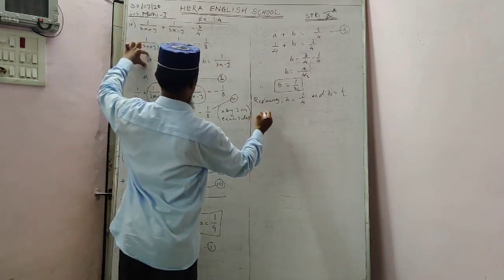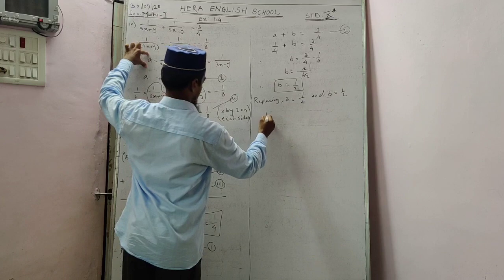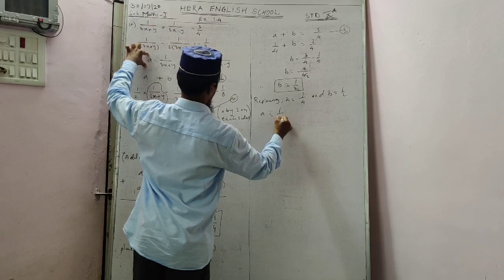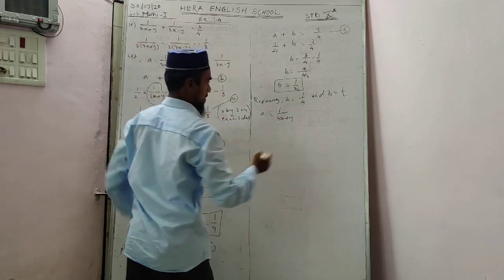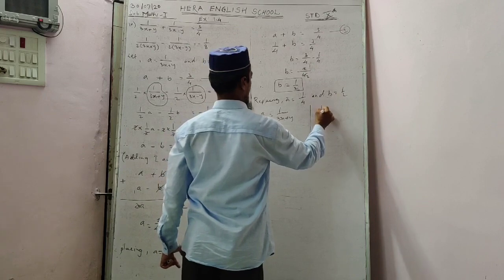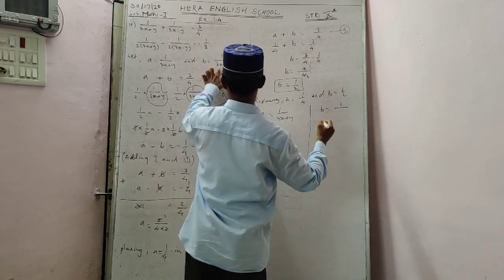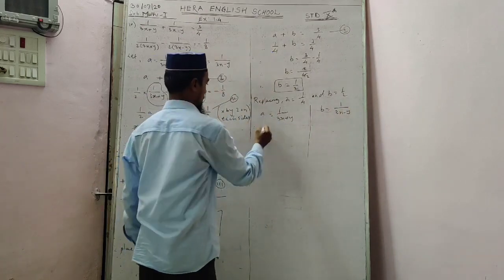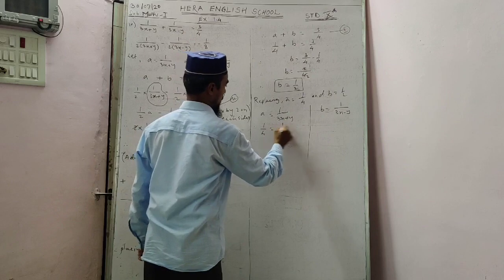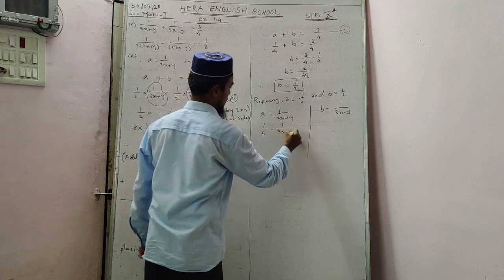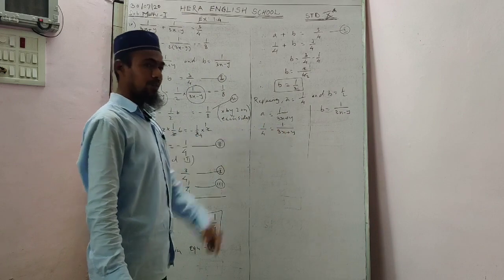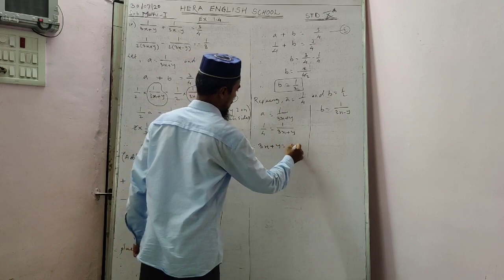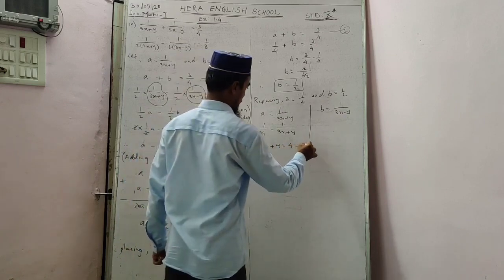We have a equal to 1 upon 3x plus y, and secondly we have b is equal to 1 upon 3x minus y. If the value of a we got is 1 upon 4 equal to 1 upon 3x plus y, cross multiply, you will get the equation 3x plus y equal to 4, that is the fourth one.